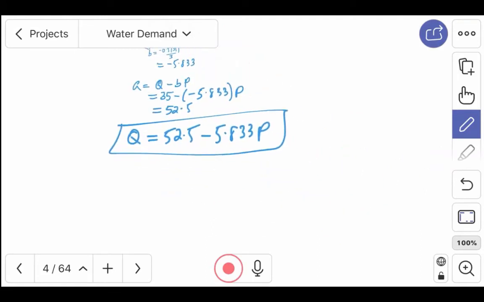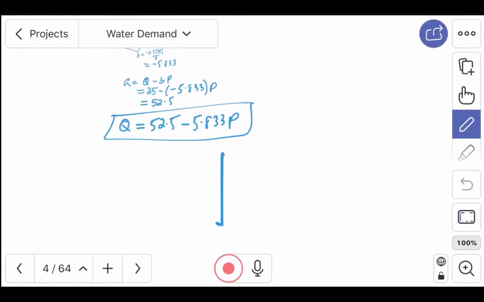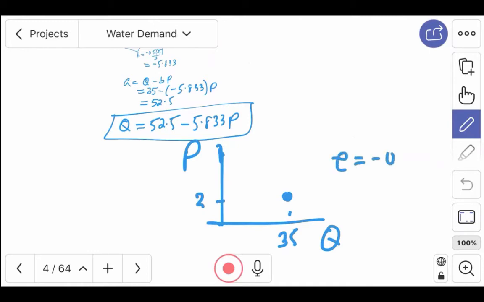So what I have managed to do is take a point that was 35 here and 3 here. I had one observation, and I had the idea that elasticity is a minus half, and I have expanded that into a demand curve. What we are doing, we are starting with a point.